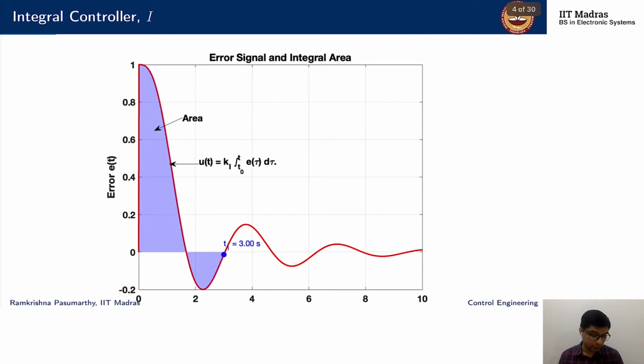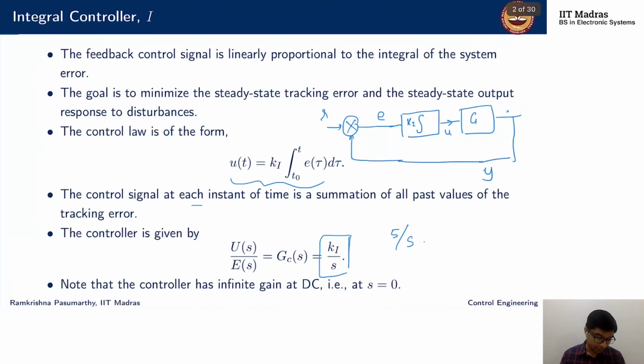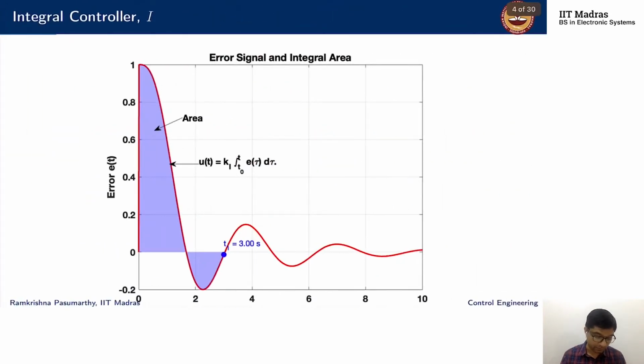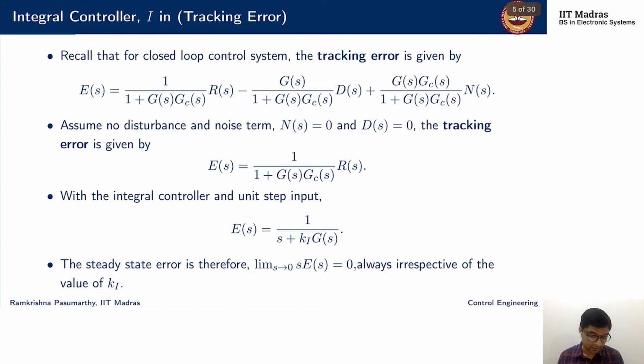When I say that the control signal at each instant of time is a summation of all past values of the error, I'm just computing the area. So u of t will just be the summation of all of this. Okay, this is nice.